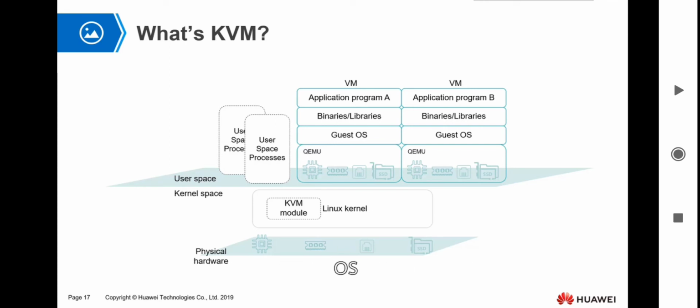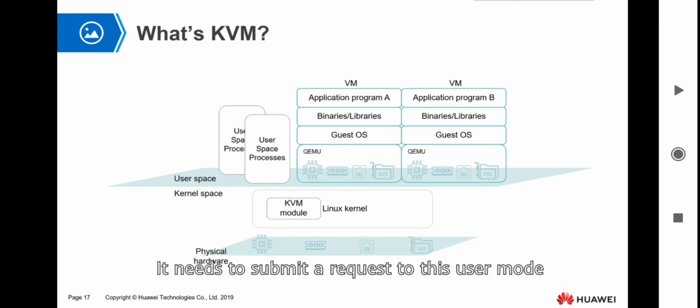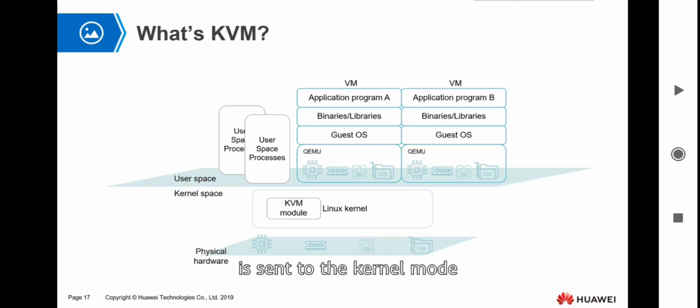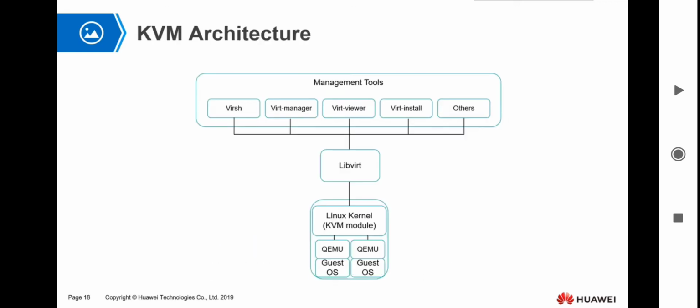When the guest OS performs an I/O class operation or the privileged instruction operation we mentioned earlier, it needs to submit a request to the user mode, and then it is initiated again by the user mode. This hardware operation is sent to the kernel mode to operate the real hardware.